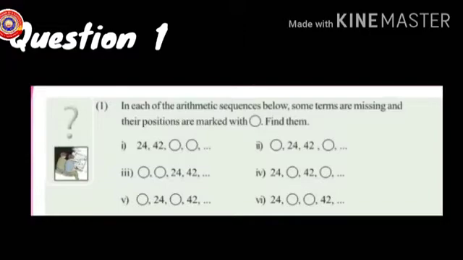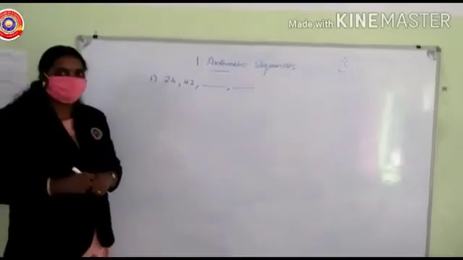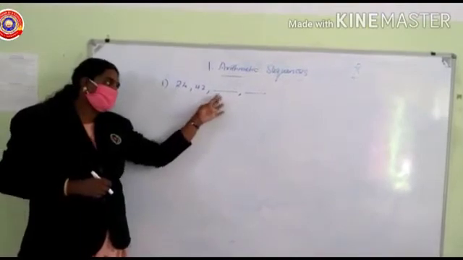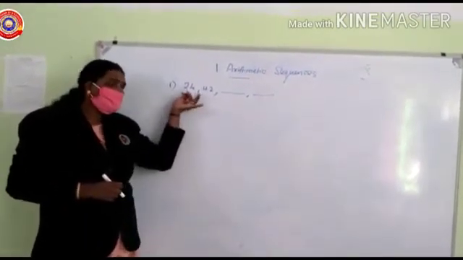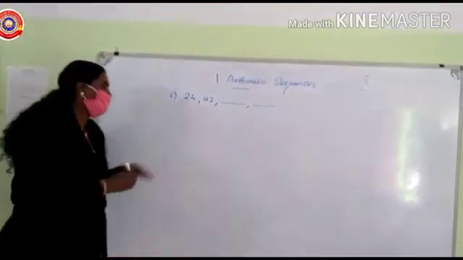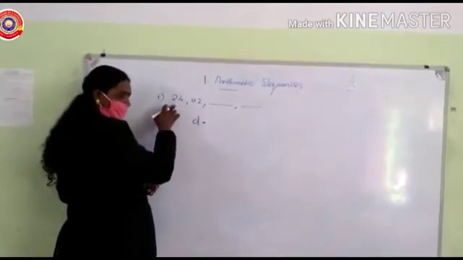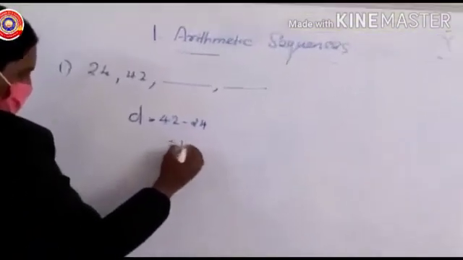Question number 1. In each of the arithmetic sequences below, some terms are missing and their positions are marked with a circle symbol. Find them. Children, move on to the first sub-question. 24, 42, etc. We have to complete the sequence. Using the first and second term, immediately we get the common difference. Common difference is equal to second term minus first term.